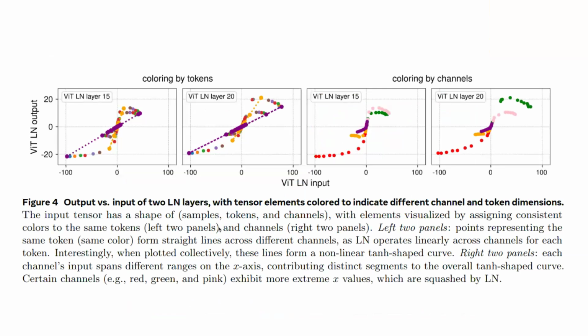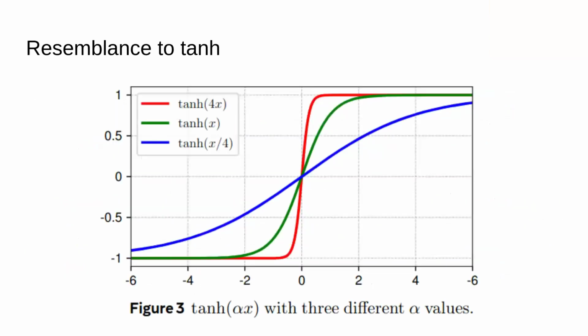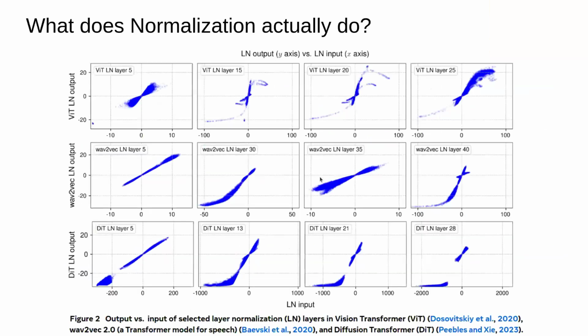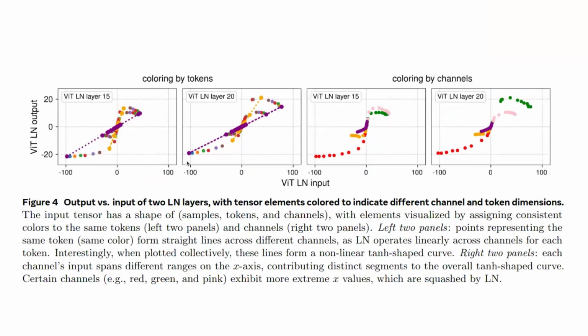Okay, so here this is another thing they did. This is for a layer norm, right? And layer norm is averaged over channels. So for an individual token, this has to be a fully linear operation, right? So what this means is that here they did the same plot, but everything that's from the same token, they put the same color.